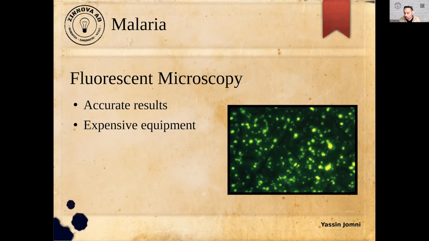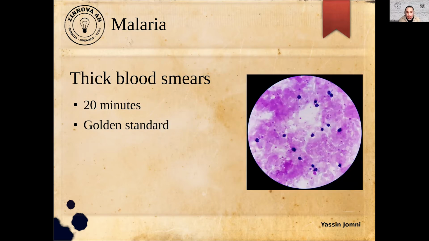So you know that where you have the apple green light, there is malaria DNA. That's why it's so accurate, because it reacts on that. But unfortunately, it's expensive.